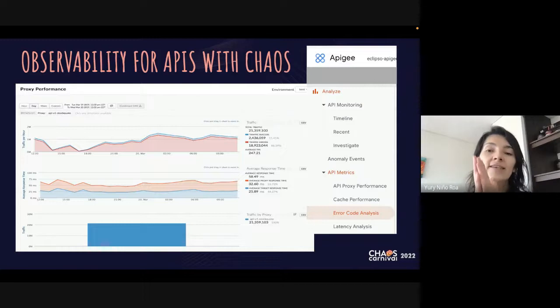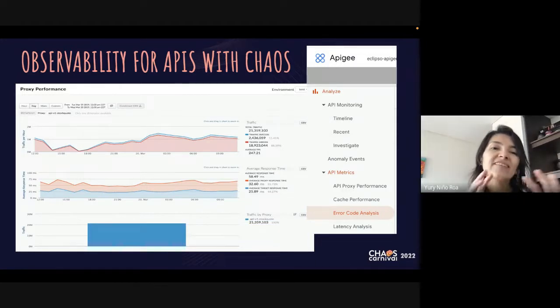So in this case, Apigee offers this menu with the possibility to analyze what is happening with API monitoring, with a timeline, with recent events. You have the possibility to investigate what happened in an incident, for example, and to identify anomaly events. That is really important when you want to learn about past events.